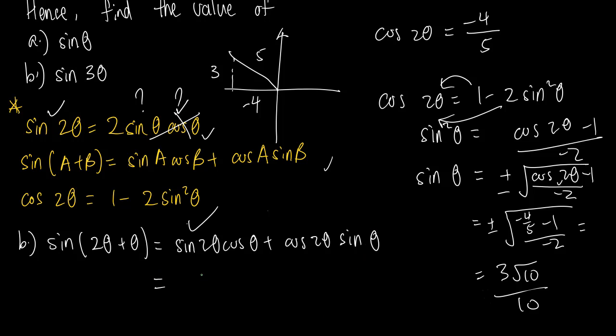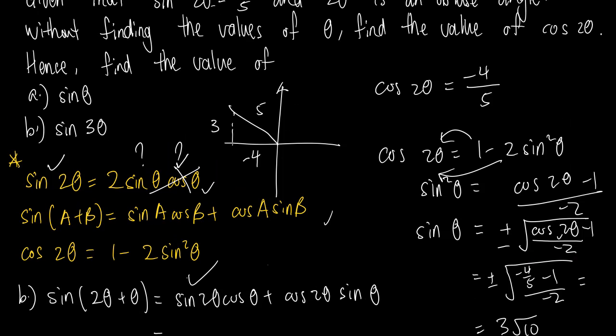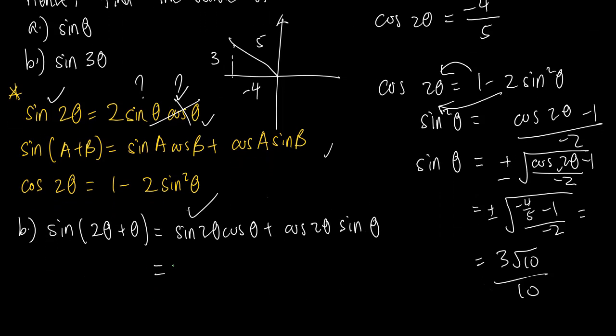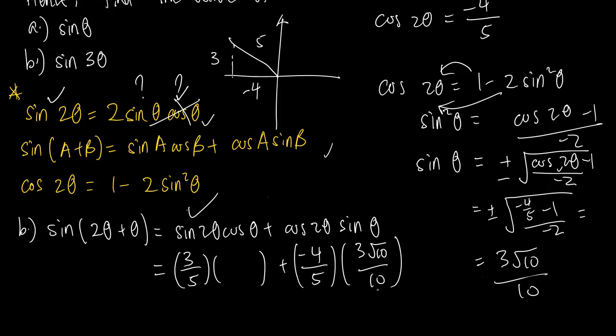We have the value of sine 2 theta, which is 3 over 5. Cosine theta we don't know yet. Cosine 2 theta is negative 4 over 5, and sine theta is equal to 3 square root 10 over 10. So to get the final answer, we need to find the value of cosine theta.